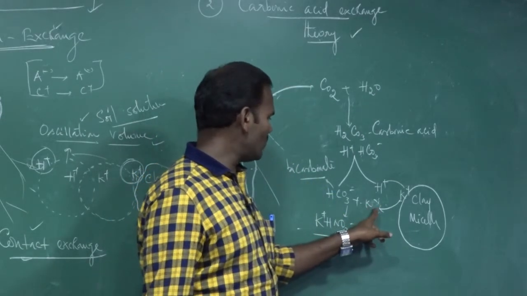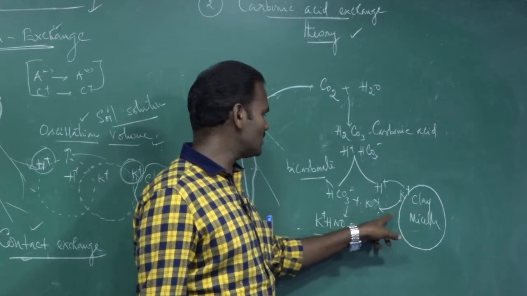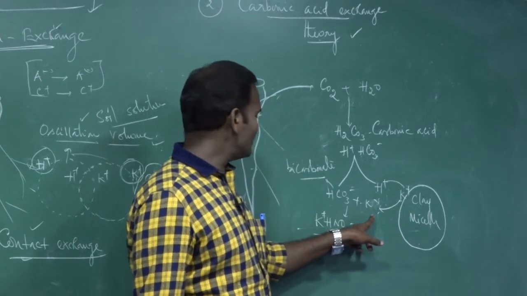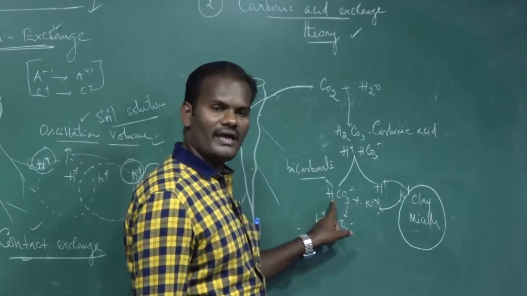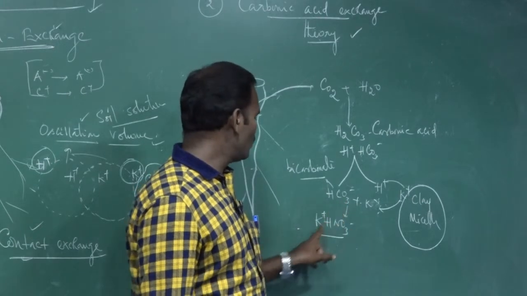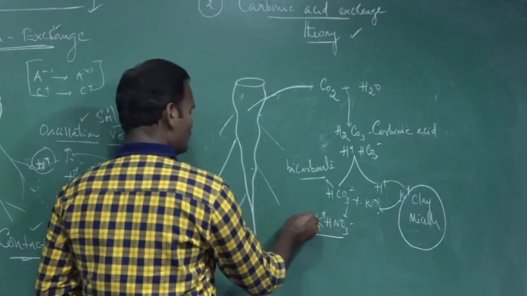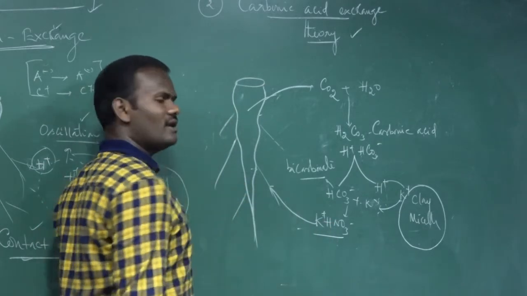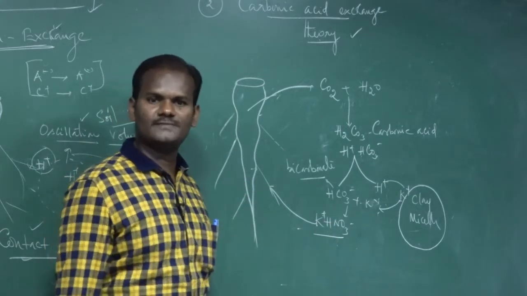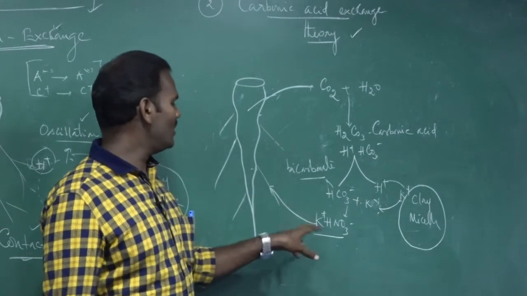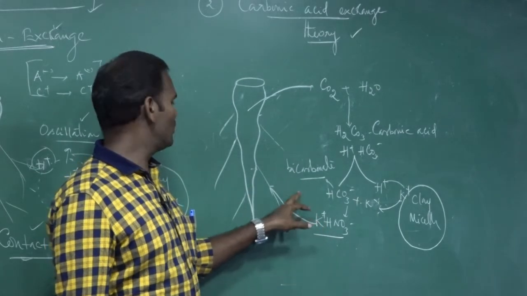So the potassium ions from the clay particles are released into the soil solution. They combine with the bicarbonate, HCO3 minus, to form potassium bicarbonate. Now this potassium bicarbonate easily enters or is absorbed by the root cells. So it is another way the mineral ions are absorbed by the root cells.